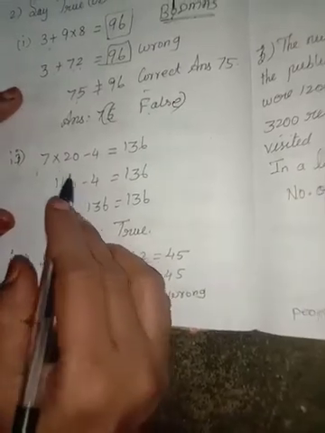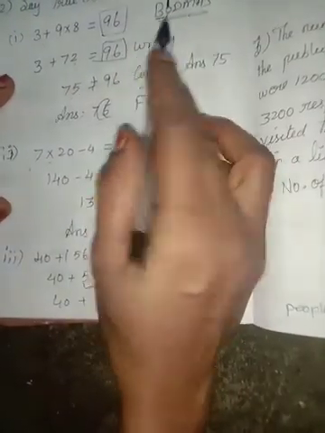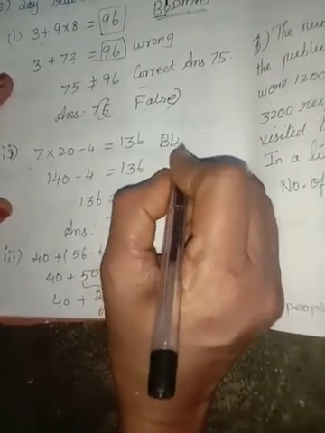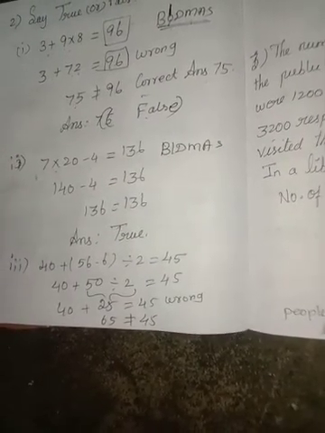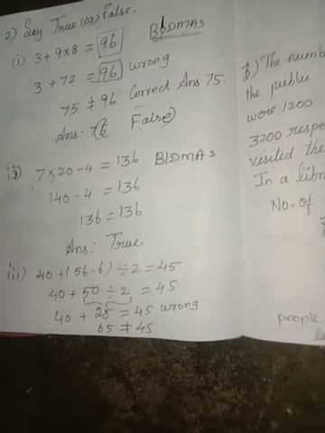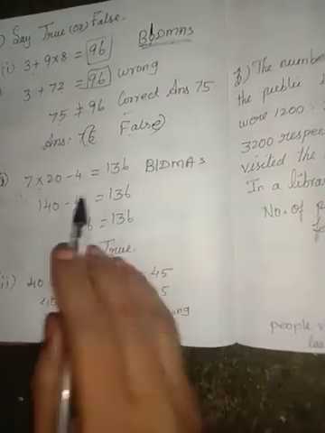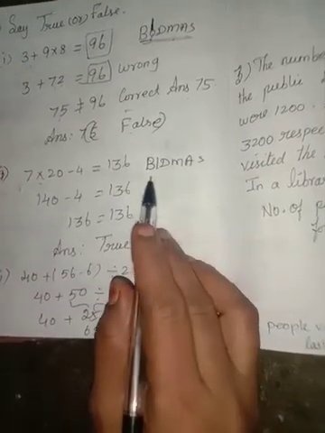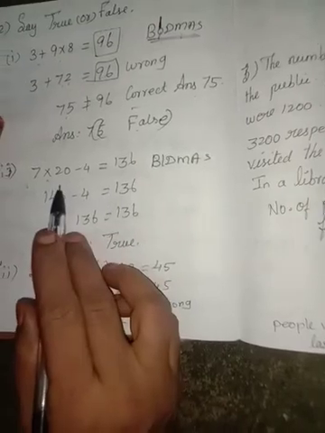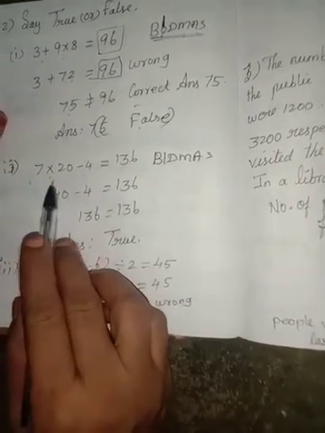Similarly, we check the second sum, multiplication first and then subtraction, because we are using the BIDMAS rules. In this order we work out these sums.